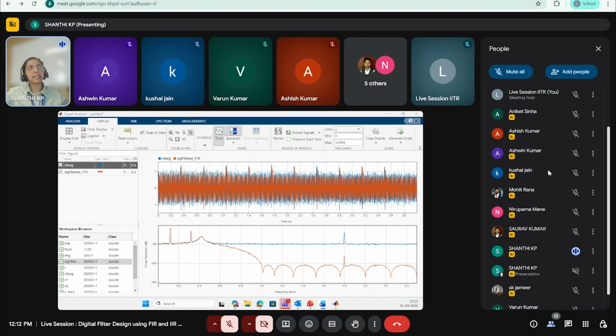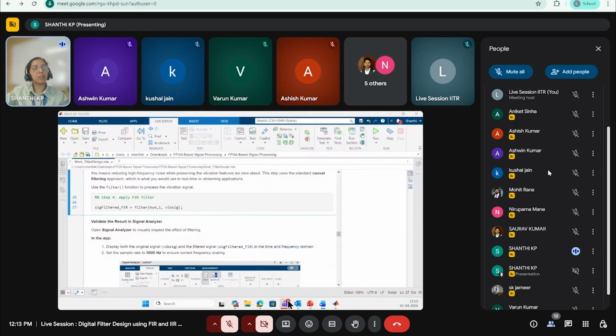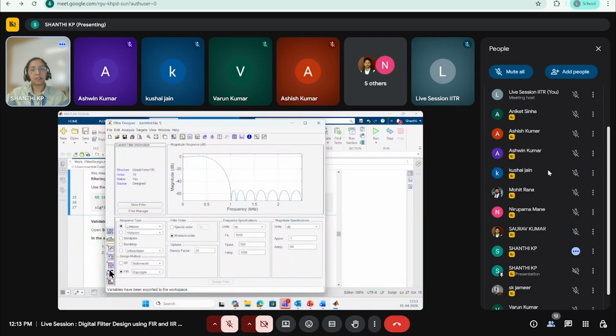Now we will see how an IIR filter works and what the filtered output will be if we apply an IIR filter with the same filter specifications. So for that, let's go back to the filter designer app. And now we will design an IIR low pass filter.